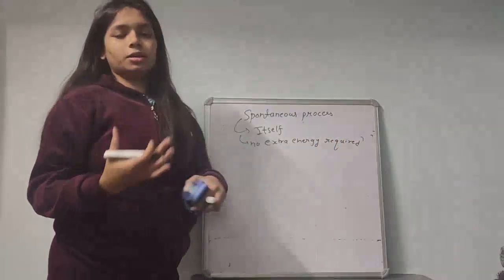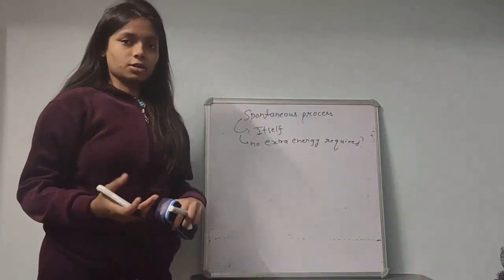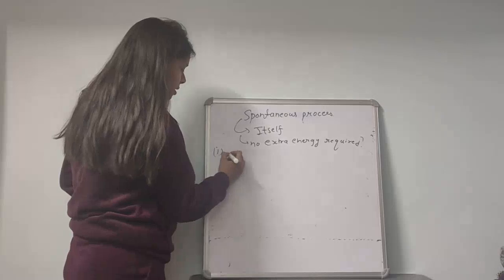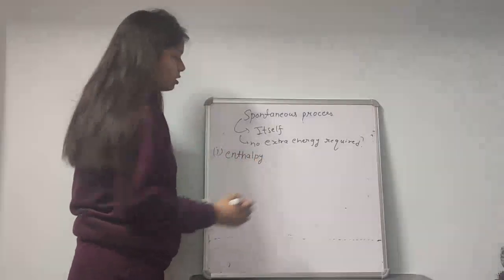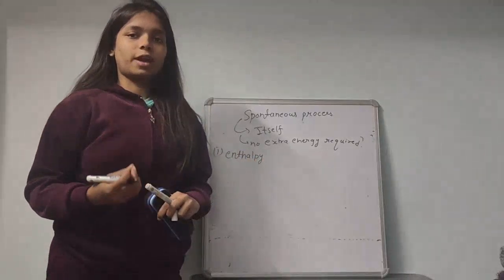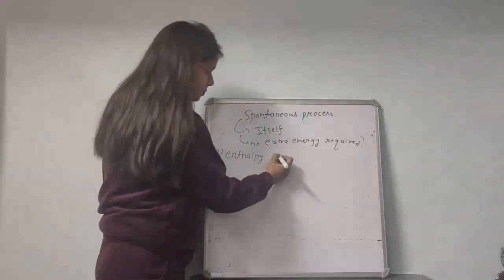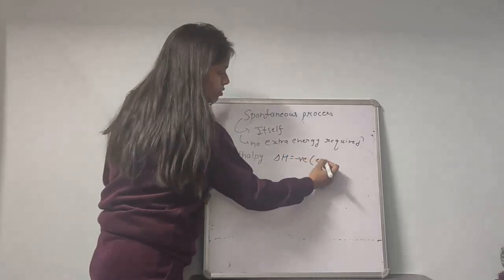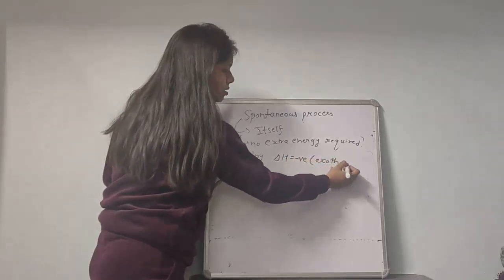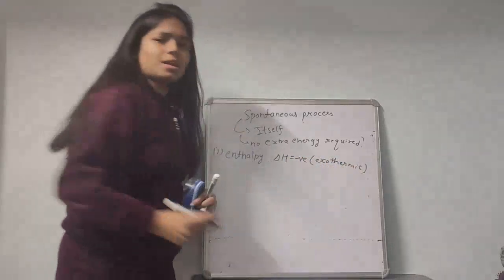To check the spontaneity of reactions, we take enthalpy. It is considered that when the reaction is exothermic, meaning delta H is negative, the reaction is spontaneous. What is an exothermic reaction?